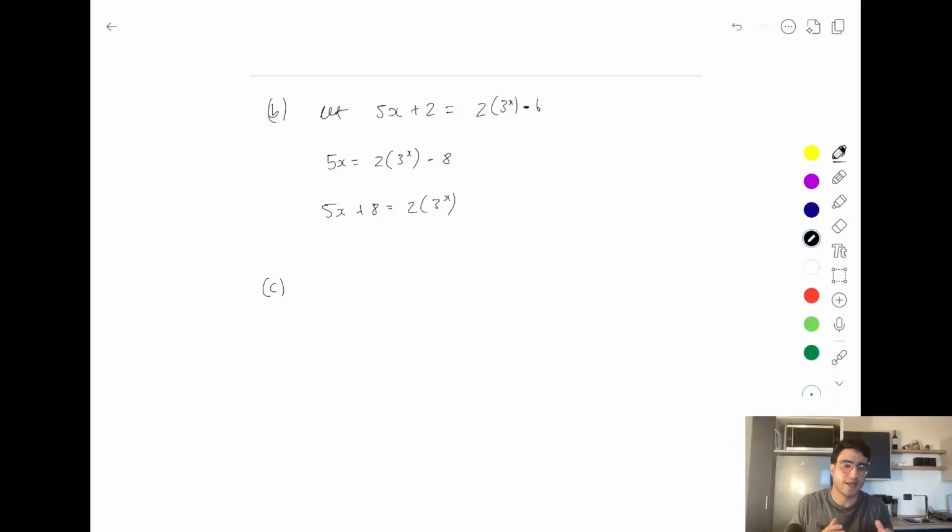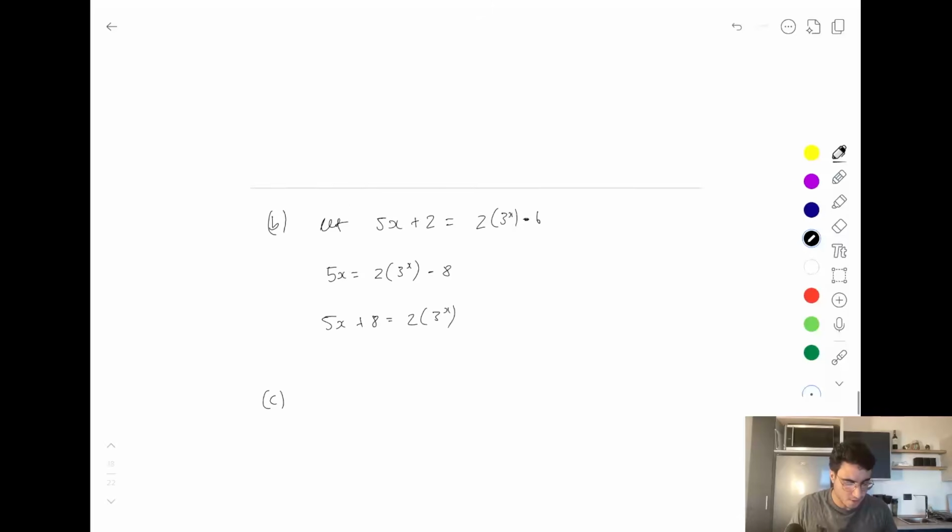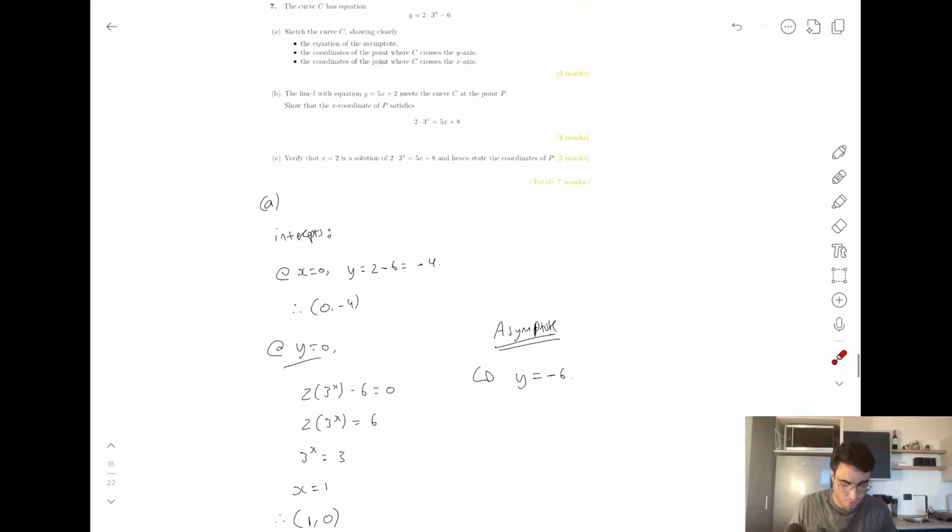Because if we just plug it in, then we're not actually verifying anything. So how do we actually go about verifying this? Well, we're going to use the fact that they've already given us this, right?